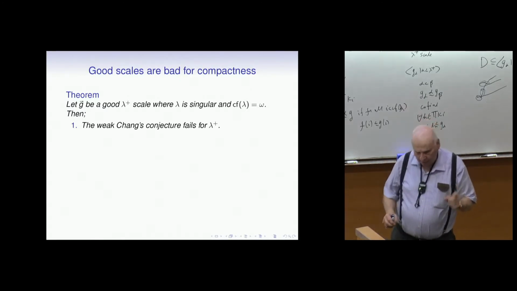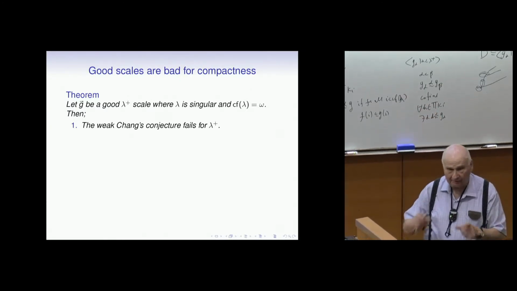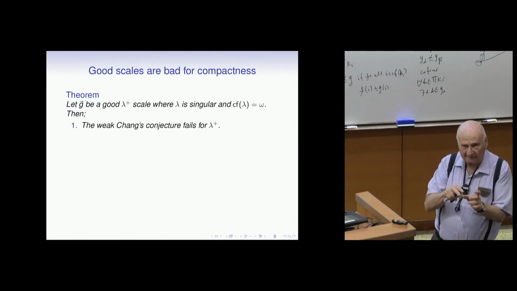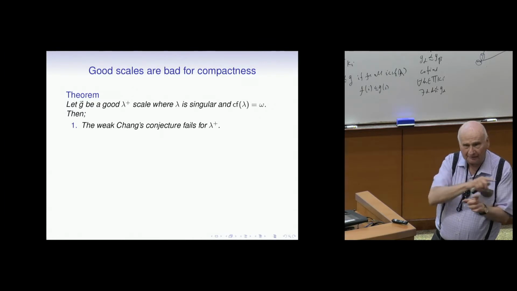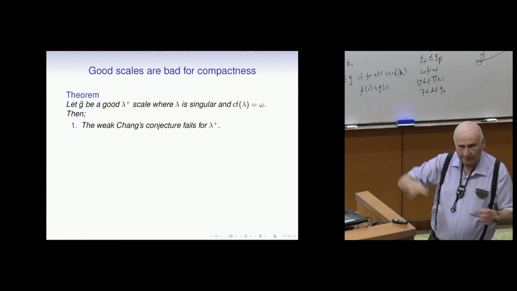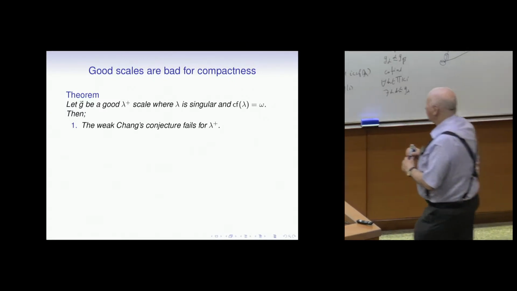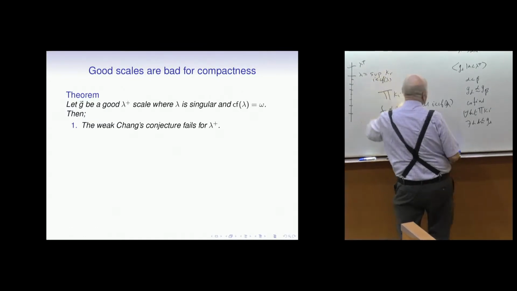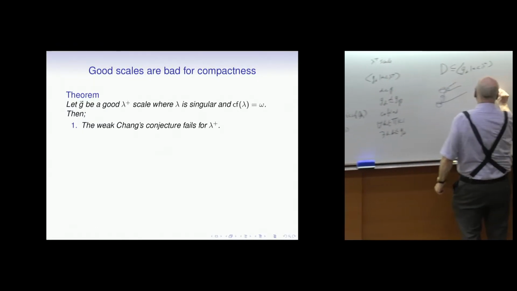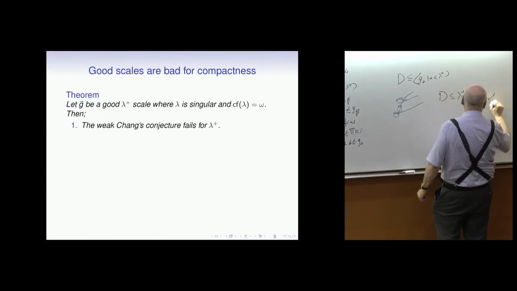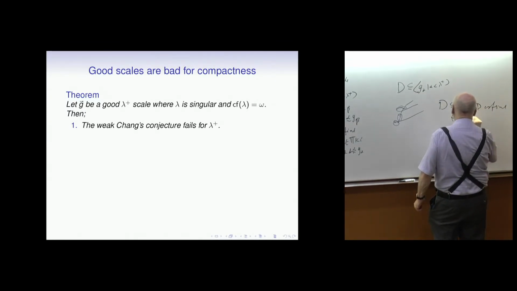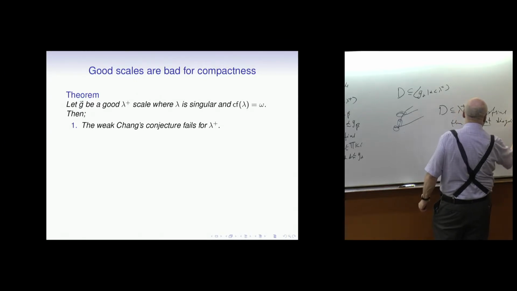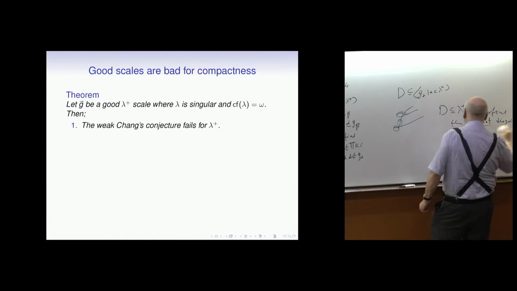Because a good scale means that for every alpha, or most alpha, you have a cofinal sequence which is disjointifiable. Namely, for every initial segment you can find one, but you definitely cannot find it for the whole sequence, because the functions belong to a product of cardinals smaller than lambda plus. Suppose you have a D which is a subset of lambda plus, D cofinal, then D is not disjointifiable. Why is that?